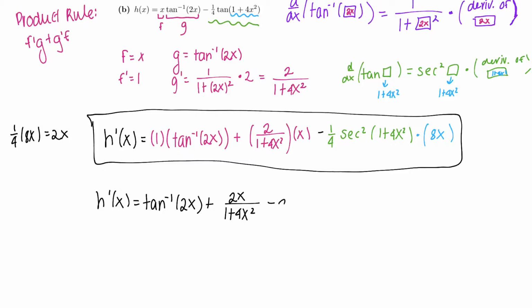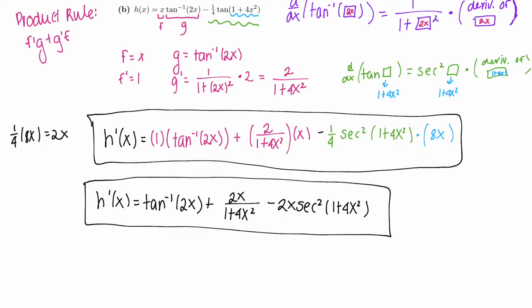So you could do minus 2x secant squared of 1 plus 4x squared, if you wanted a tiny bit of simplification there. Once again, not necessary. I'm more interested in you getting this part, but it's nice to practice those algebra skills and make things look a little neater.